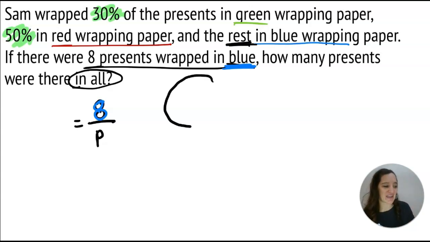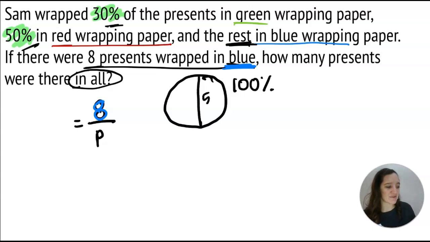Okay, let's think about this again. 100% of the presents. Whenever we have percents, it always equals 100. We know that 50% are red. We know that 30% are green. So we can now figure out the percent that is blue.